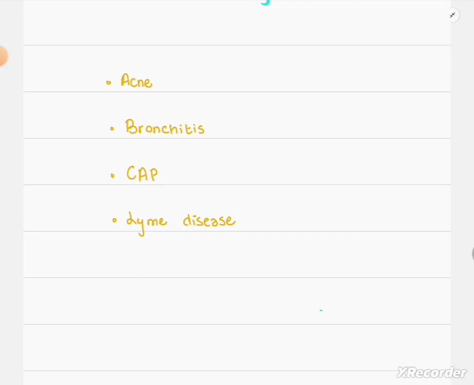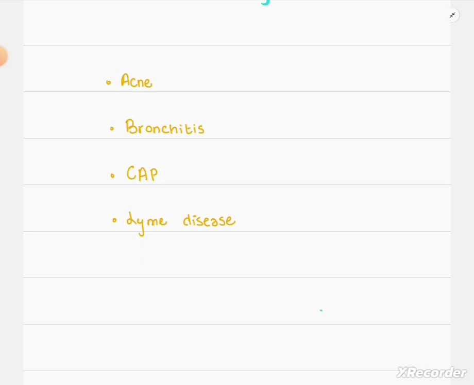Formerly, they were used to treat a variety of common infections, which include gastroenteritis and UTIs. However, many strains of bacteria causing these infections are now resistant. So we have other agents that are used for the treatment of these infections.